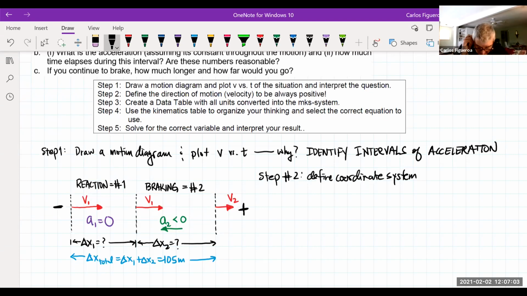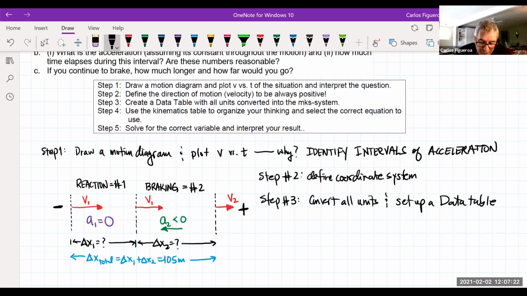So then I'm going to go to step 3 here. Step 3 says I'm going to convert all units and set up a data table. The first thing that I see here is that V1, they tell us, is 85 kilometers per hour. V2 is 45 kilometers per hour.